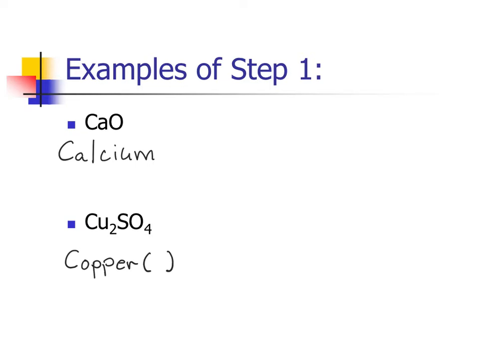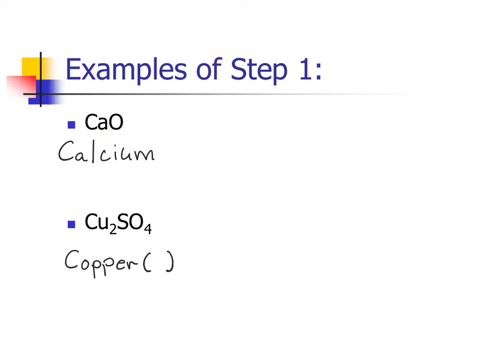Now, what goes inside the parentheses is, in some cases, where the trick lies. That's where the ability to look at the compound as the formula is written, and recognize some other things, comes in. Some of the things to point out: in calcium oxide here, we have two capital letters.